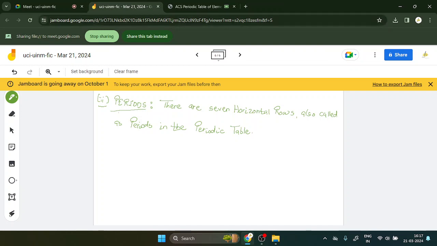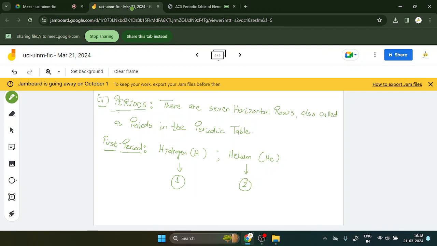So let's take the first period. How many shells are there? In the first period we have hydrogen, represented by the symbol H, and helium, represented by the symbol He. Its atomic number is 1, and this one's atomic number is 2. Now, how many shells will be there?